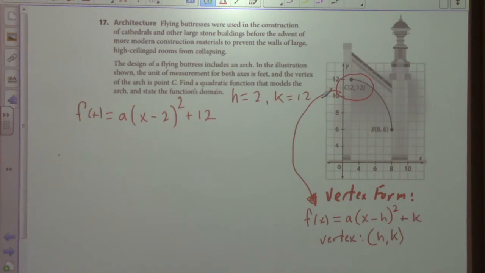But in order to find the equation for that, for an equation you just want to have one unknown, right? How many unknowns do you see here in this equation here? 3. There are 3 of them, right? There's the f of x, there's the a, and there's the x. What other information can we use that will fill in 2 of these unknowns so we can solve for a third?